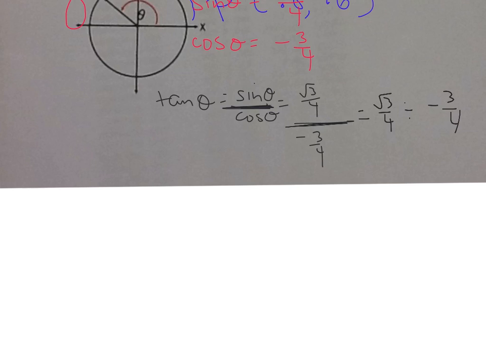When we divide fractions, you do same change flip, so it's the square root of 3 over 4 times negative 4 over 3. You can reduce 4 and 4 to 1 and 1, so it's negative the square root of 3 over 3.